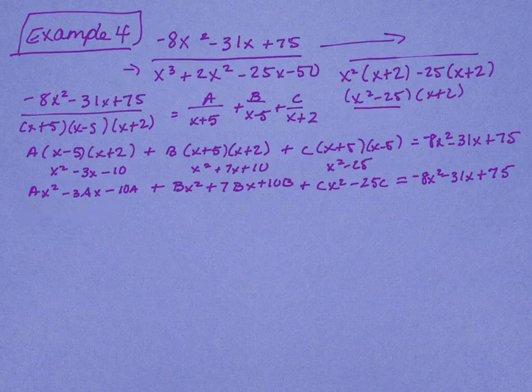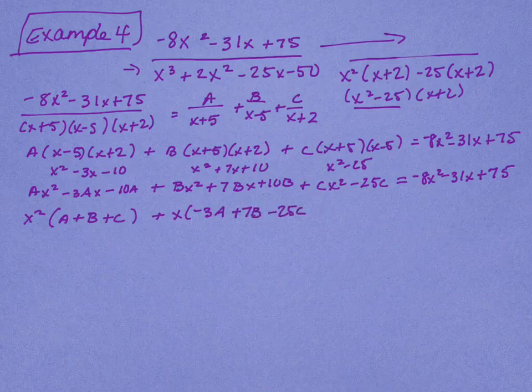I think you can too, but you decide. Here's my x squared term. That's what I meant by skipping. So pull all your x squareds. That would be a plus b plus c. And then I'm going to take my x term, and I get negative 3a plus 7b minus 25c.